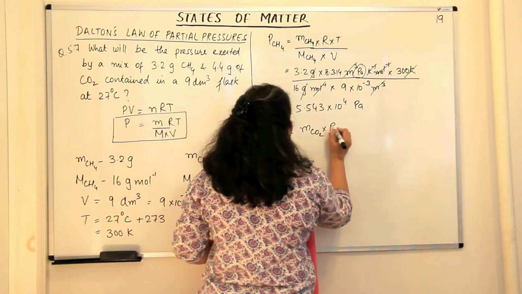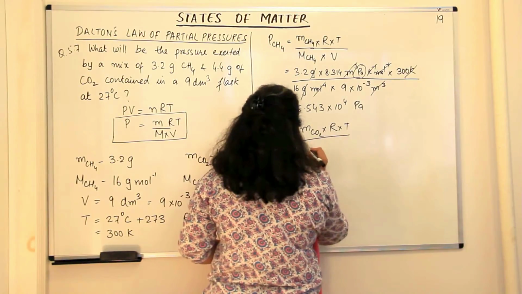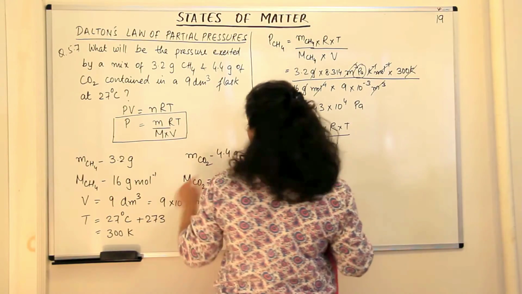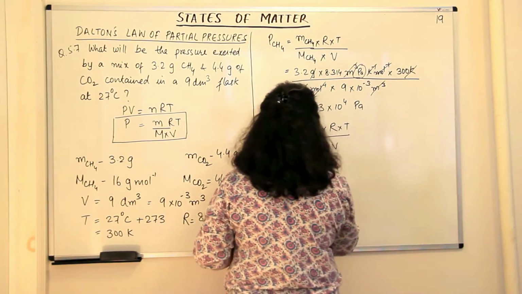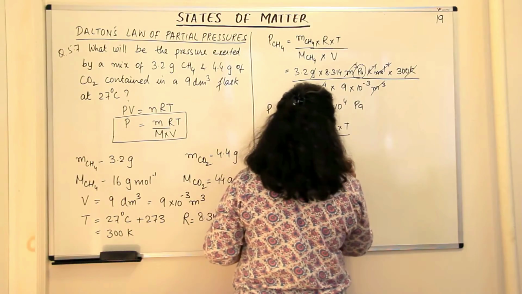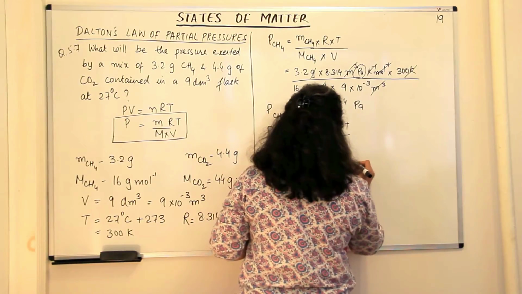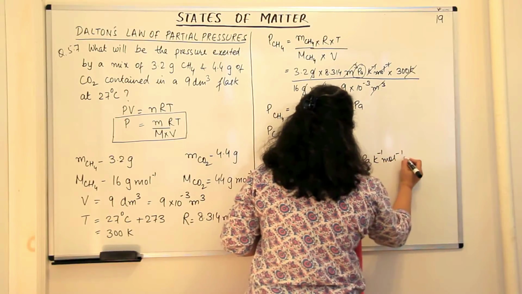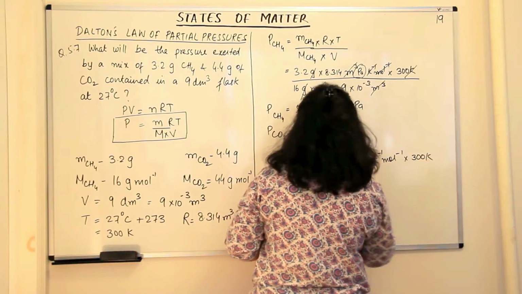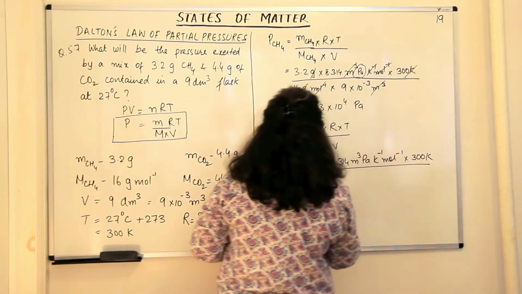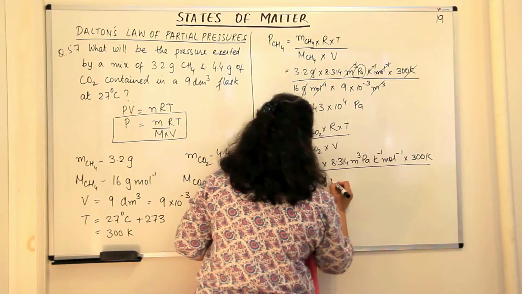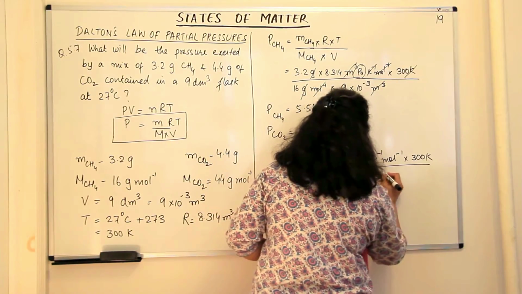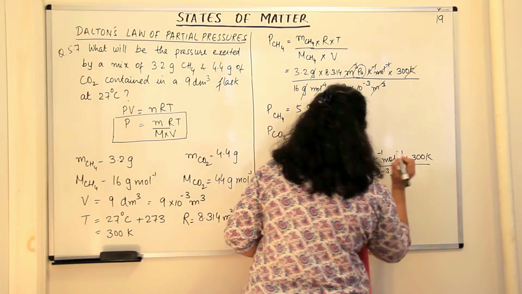m of CO2 into R into T upon M of CO2 into V. Put in the values. What is m of CO2? It is 4.4 grams, into R, which is 8.314 meter cube Pascal Kelvin inverse mole inverse, into 300 Kelvin, divided by 44 grams per mole into the volume, which is 9 into 10 to the power minus 3 meter cube.